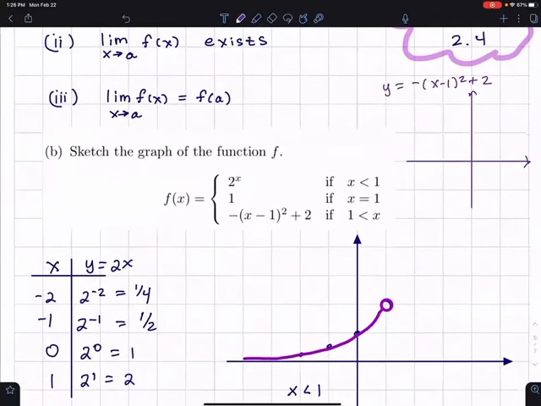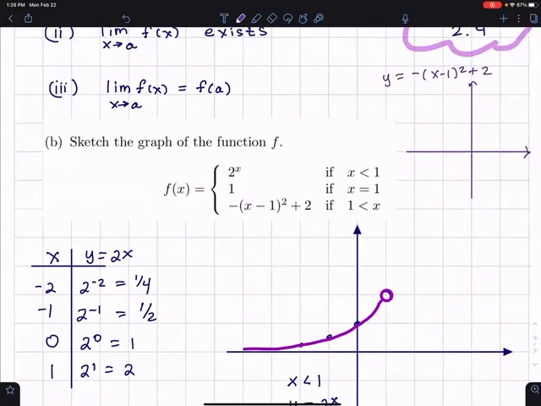Look at the way it's written: x minus 1 squared, not thinking about the negative for now. (x minus 1) squared itself will never be negative. It has its minimum value when x equals 1, because then I get 1 minus 1, which is 0. So its minimum is 0, which is when x is 1.